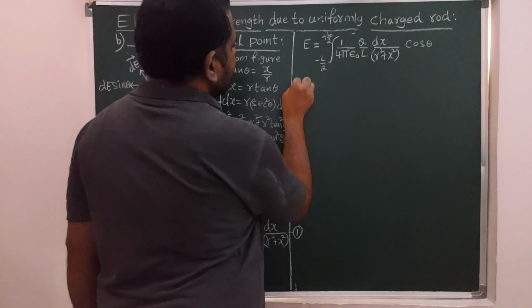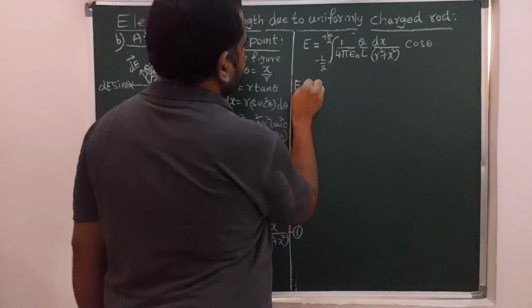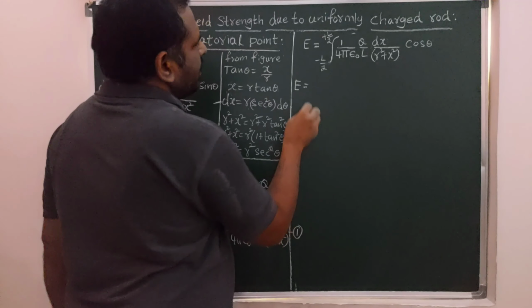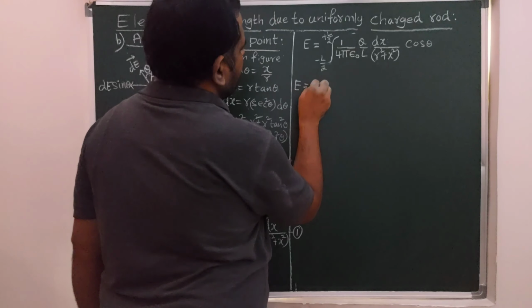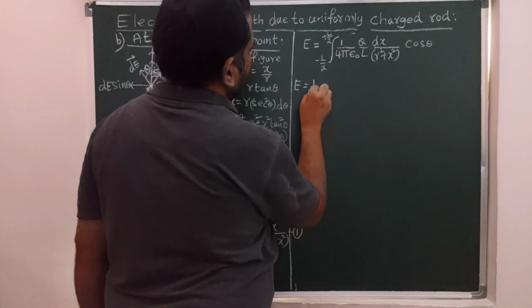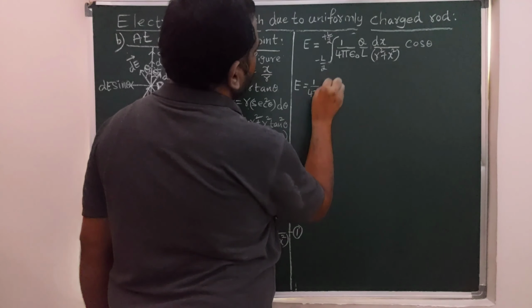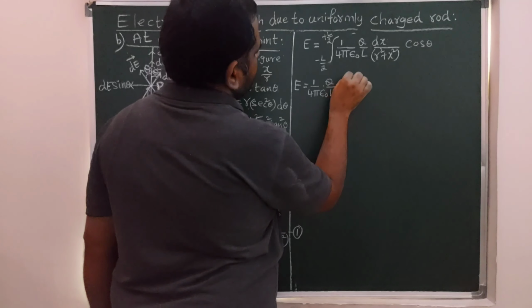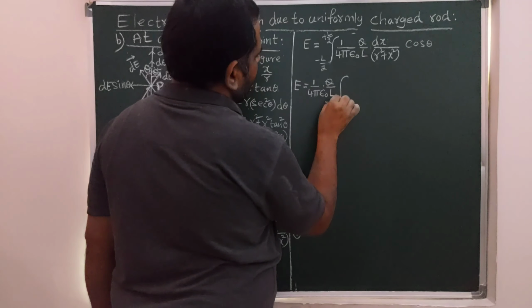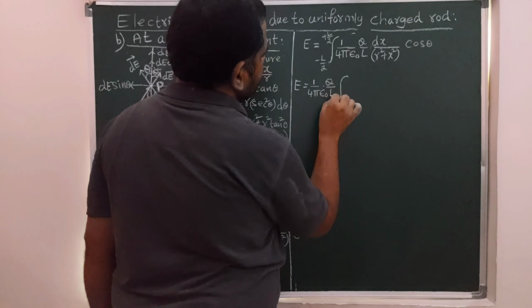Then E, the electric field intensity, is equal to 1 by 4 pi epsilon naught into Q by L, which I am writing outside. The remaining is the integral with limits minus L by 2 to plus L by 2.